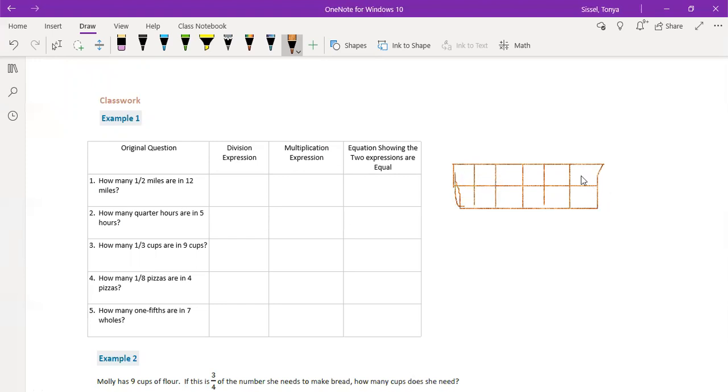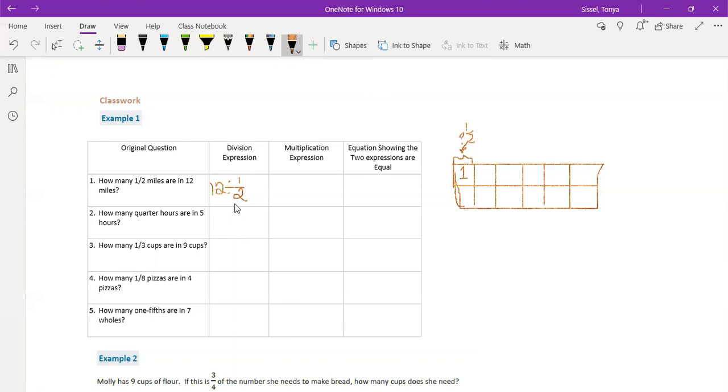We want to know how many halves. So if this is 1 mile, we want to know how many halves are in this 1 mile. So we're taking our 12 and we're actually dividing it into halves.